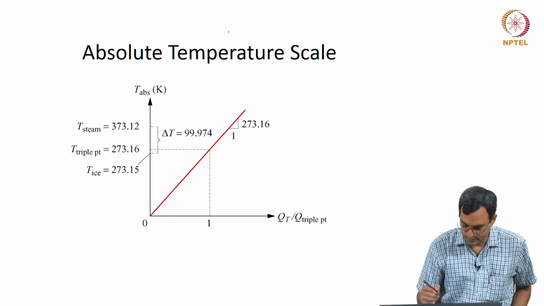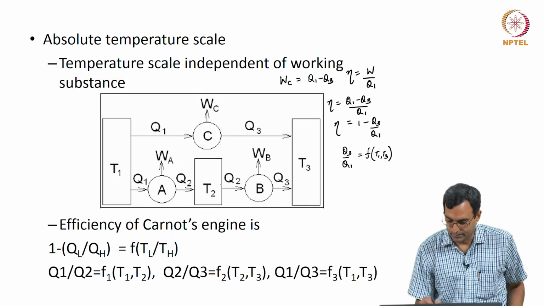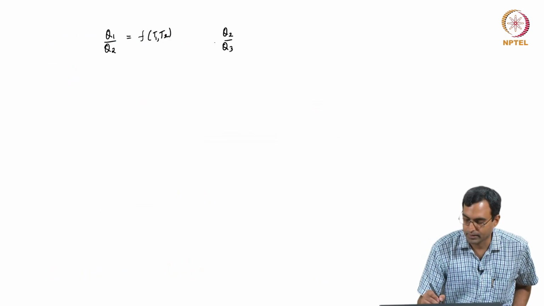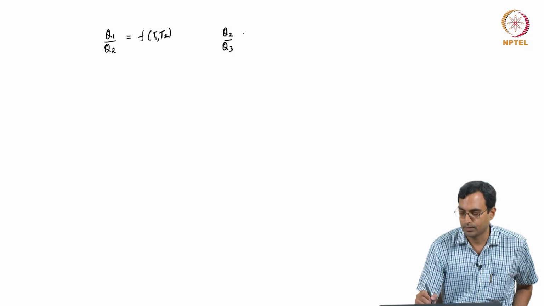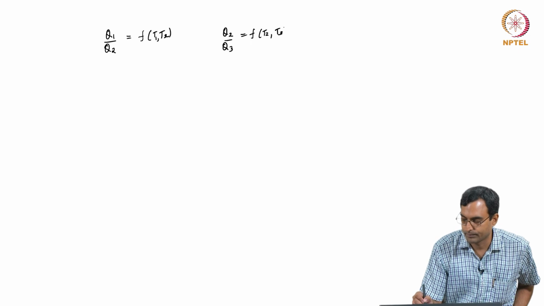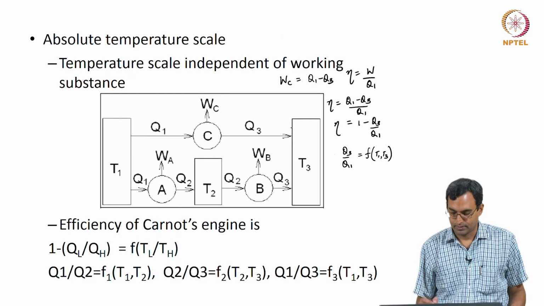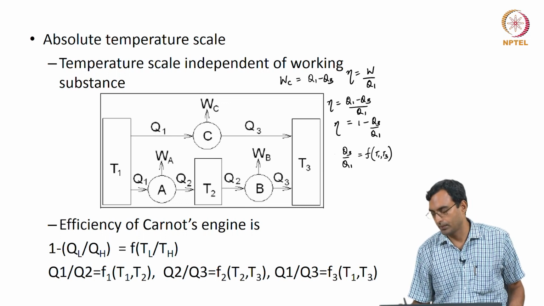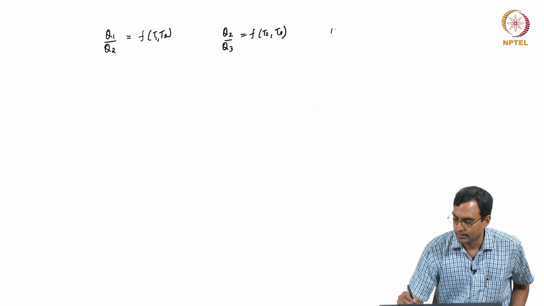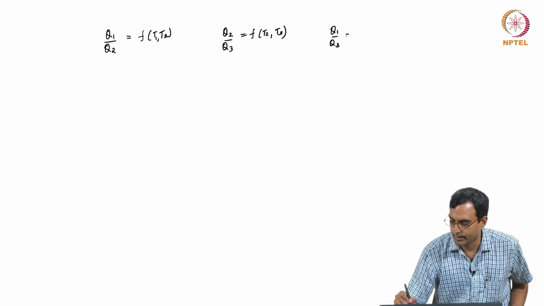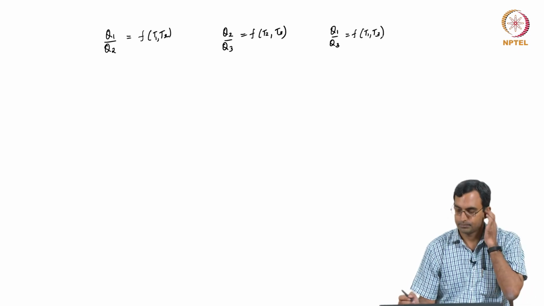For the second engine, I have 1 minus Q2 by Q3 gives efficiency, which means Q2 by Q3 is a function of T2 and T3. For this big engine, I have the efficiency as 1 minus Q1 by Q3, which is a function of T1 and T3, which means that Q1 by Q3 is a function of T1 and T3 according to Carnot's theorem.